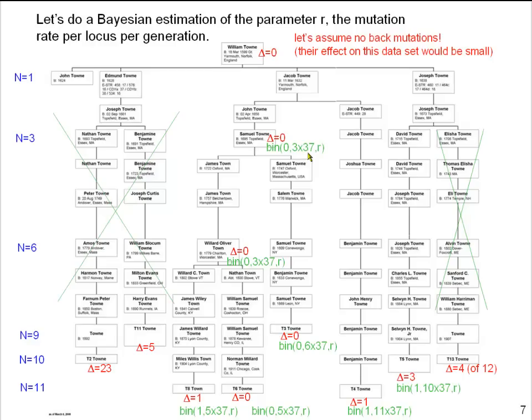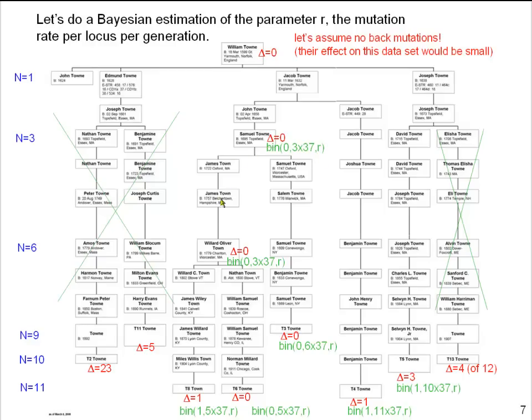Well, there are 37 loci, and there are 3 generations, and each locus and each generation was a chance to have a mutation. So if the mutation probability per locus per generation is something that we're going to call R, then the probability of having a delta equals 0 here is the binomial probability of drawing 0 things in 3 times 37 trials given probability R.